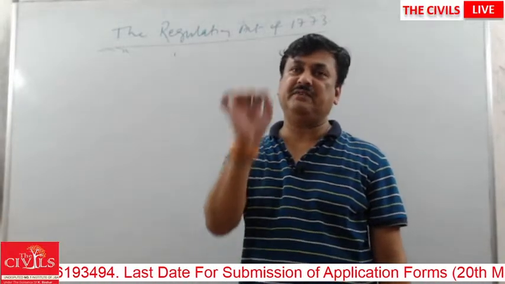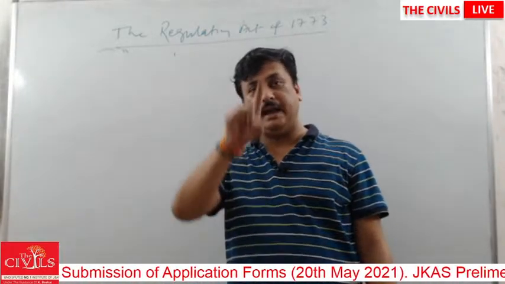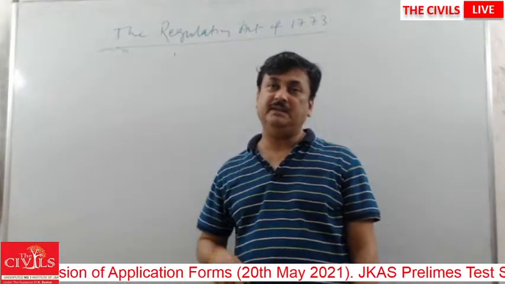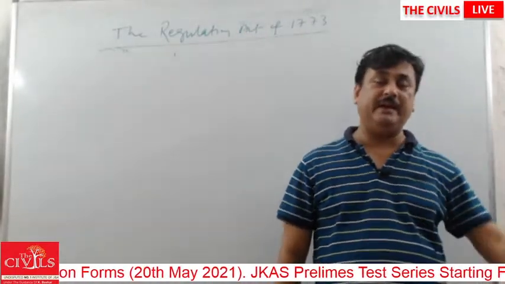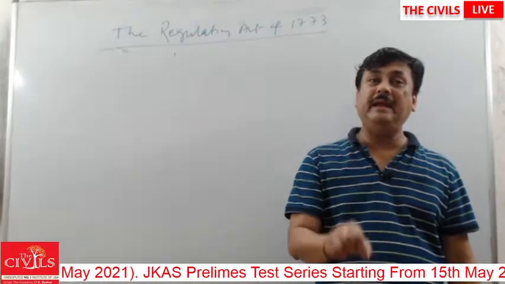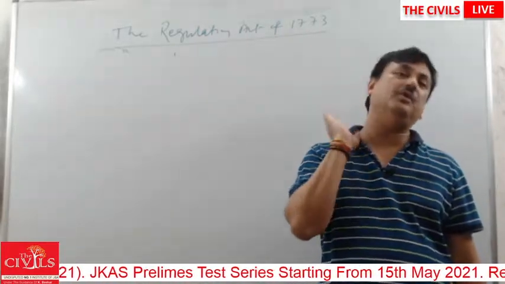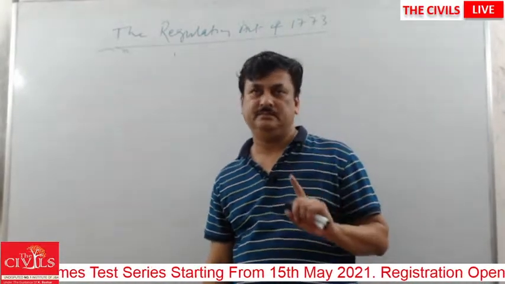In that charter, it was clearly mentioned that the payment to be made by the East India Company to the government was 4 lakh pound yearly. And why? To maintain the trade monopoly. But the company was not paying.